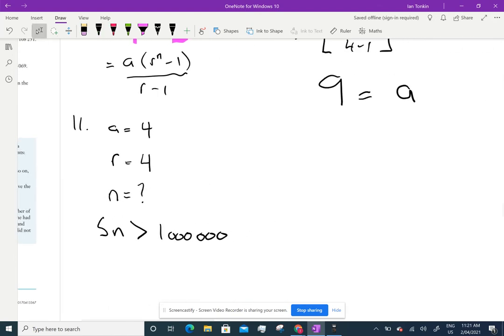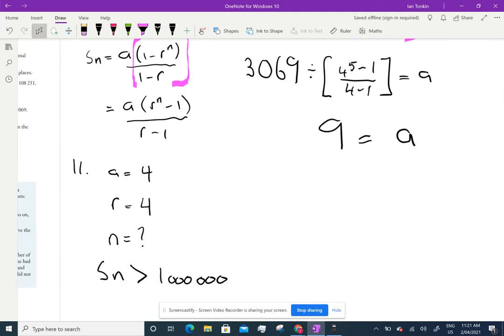So over here, again, I should use the second formula, and I will. So I'm going to get 1 million equals a, so 4, times 4 to the n minus 1 over 4 minus 1.